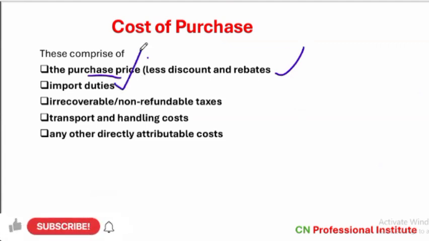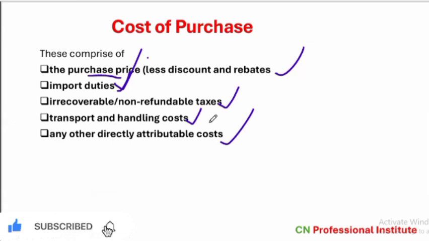If you are bringing goods into the country, how much do you pay at the port? Your duties. Irrecoverable or non-refundable taxes are also added. I also added transport and handling like carriage inwards, and other directly attributable costs are also added. So that's how we get the cost of purchase.